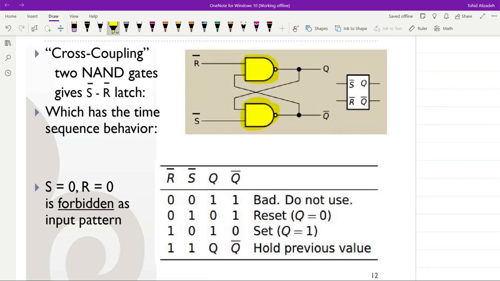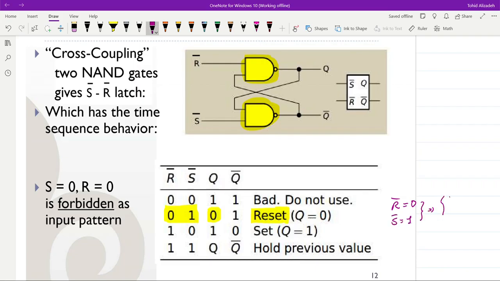If we have 0 and 1 for not R and not S, we will have the main output being equal to 0, and we are having the reset case. So you can see that not R is equal to 0 and not S is equal to 1.